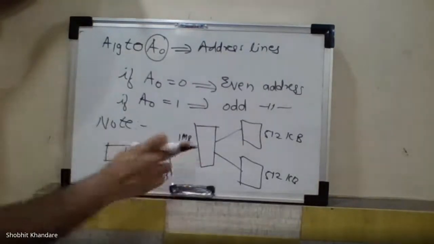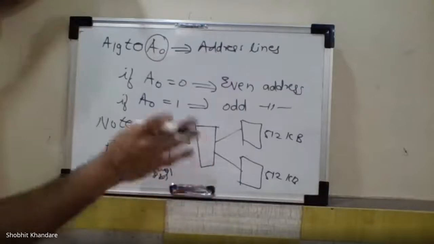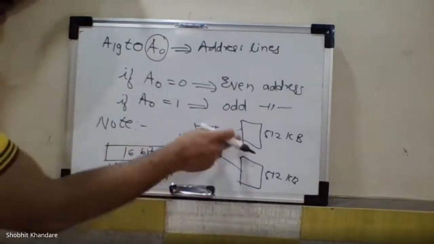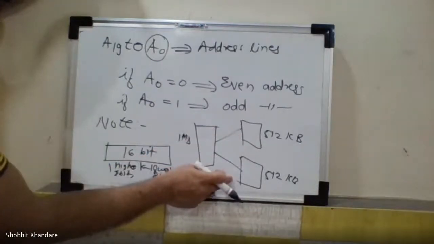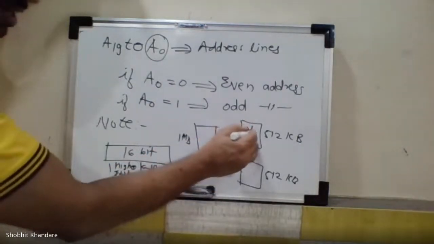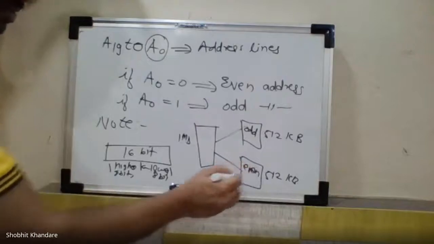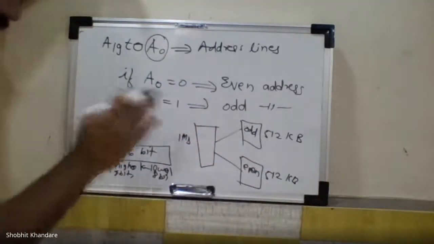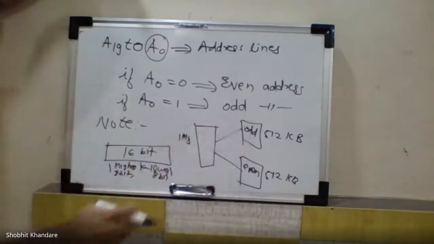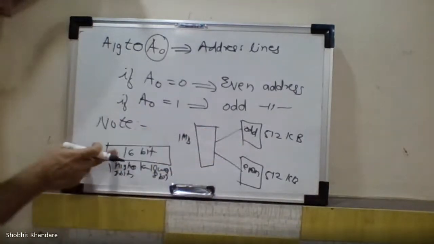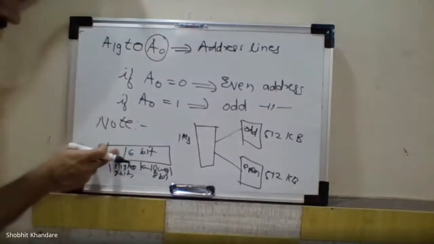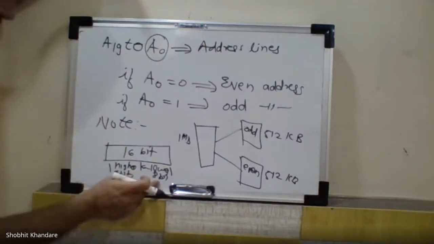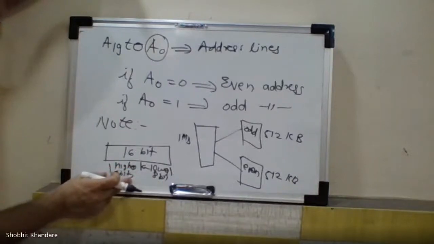You will understand all this ahead. Just for the time being, understand that 1 megabyte is divided into two banks, the odd bank and the even bank, both 512 KB. Now if I want to store data into the memory and my data size is 16 bit, then the 16 bit is divided into lower 8 bit and higher 8 bit.